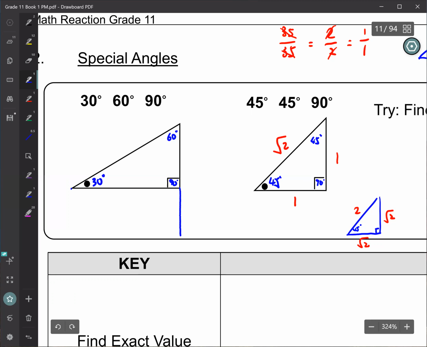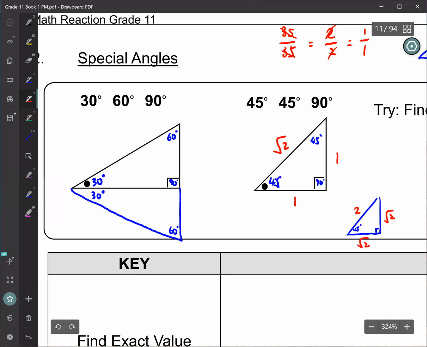It's like a reflection of the triangle above. Flip down, reflection. So that means this angle is also 30, and this will also be 60. It's a reflection of the top one.